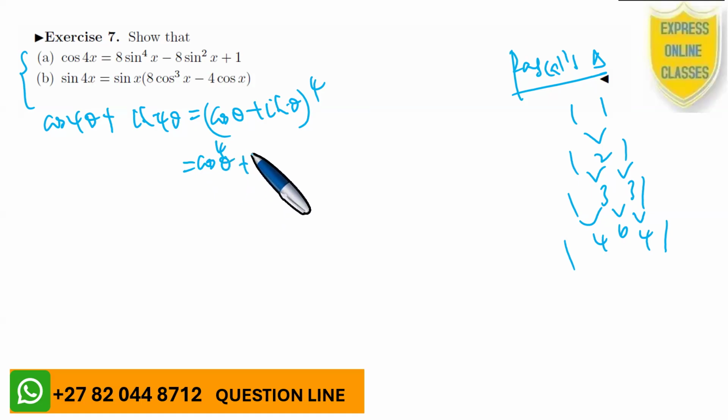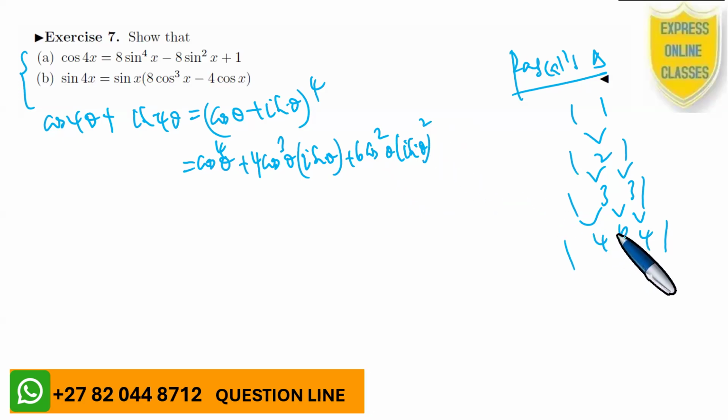Which is the same as, we continue. It becomes 4 cosine cubed theta, i sine of theta, plus 6 cosine squared theta, i sine theta squared, plus 4.